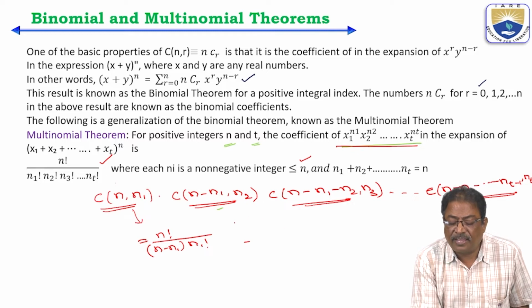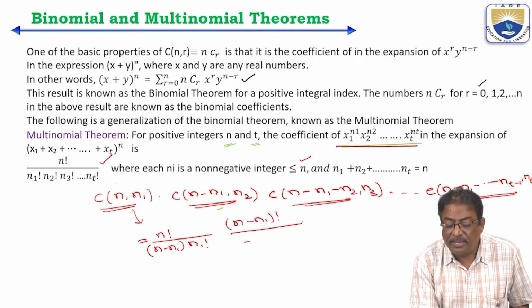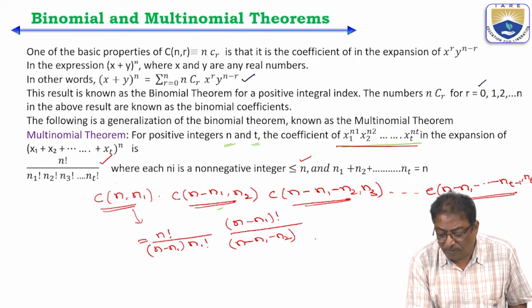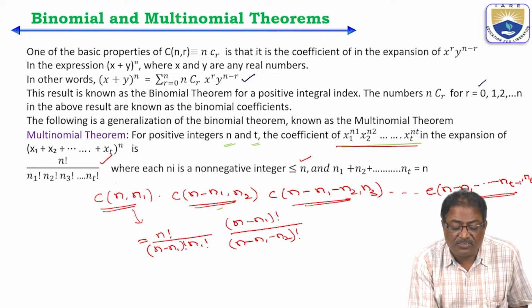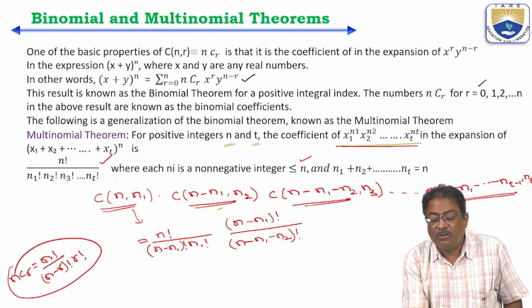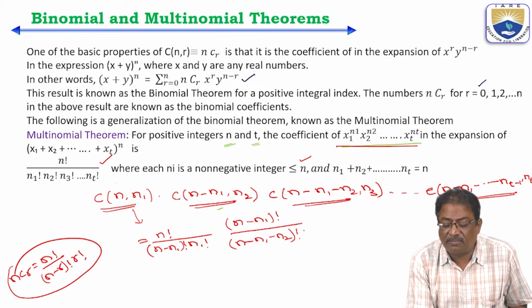And for the second, once again (n minus n1) factorial by (n minus n1 minus n2) factorial into n2 factorial. By using nCr equals n factorial by (n minus r) factorial into r factorial, we write this. So (n minus n1 minus n2) factorial is nothing but n3 factorial.